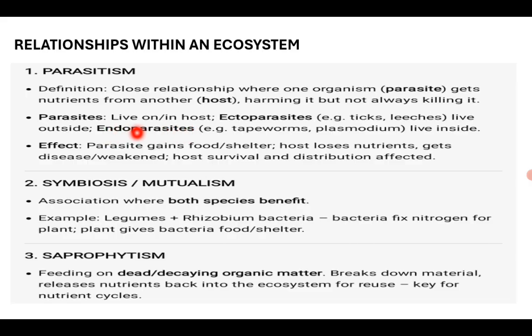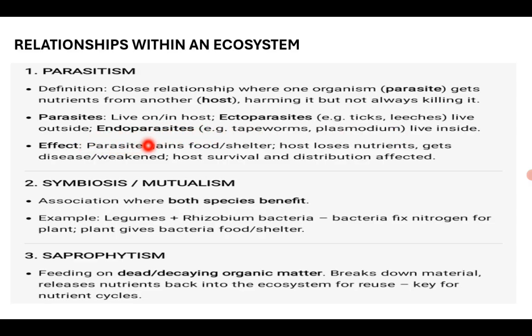Endoparasites, on the other hand, are parasites that live inside the body. Examples are tapeworms and the plasmodium. Plasmodium is the parasite that causes malaria. These live inside, so they're called endoparasites.